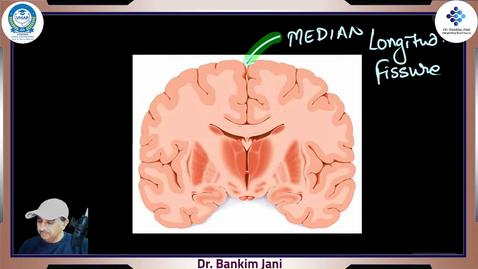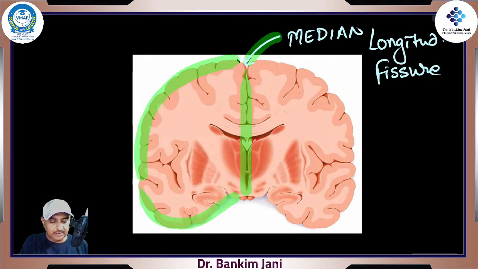So one surface is all the way this. See, it is dividing the whole cerebrum into 2 parts, right and left. This is the central, that is the median, and this one is the basal. So how are we oriented? Well, it is like this.